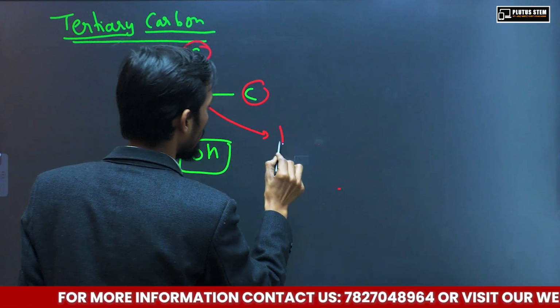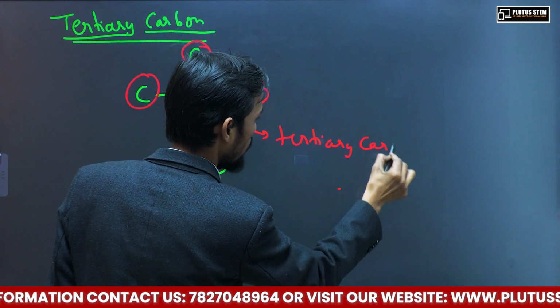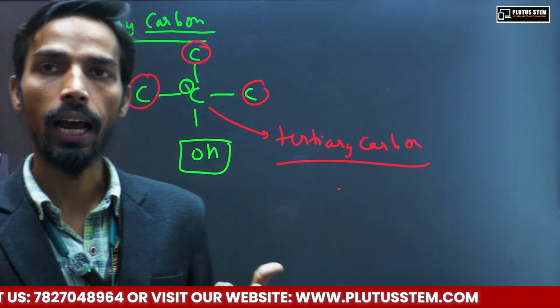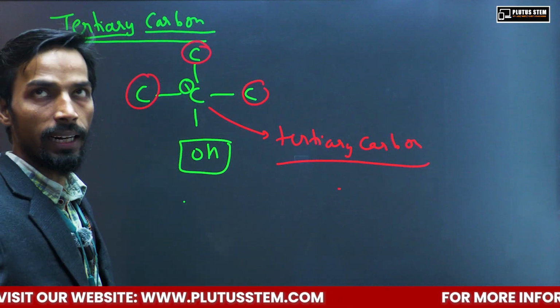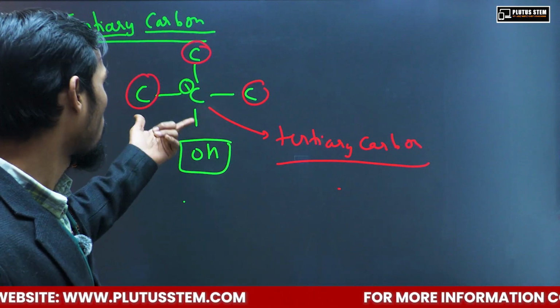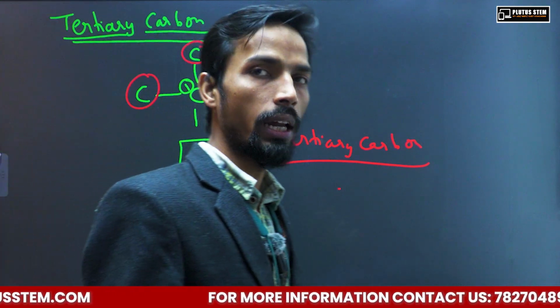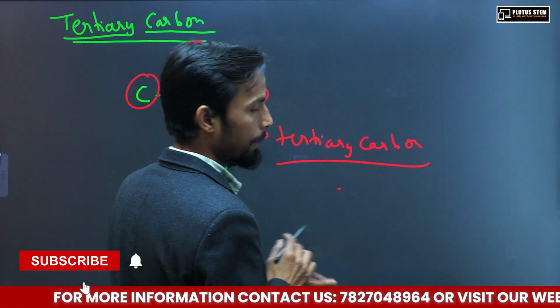So this carbon is a tertiary carbon, and this alcohol will be termed a tertiary alcohol, or if an NH group is there, a tertiary amine, like this. In the same way, the group which is attached over here, on the basis of that carbon, we name the whole group also.